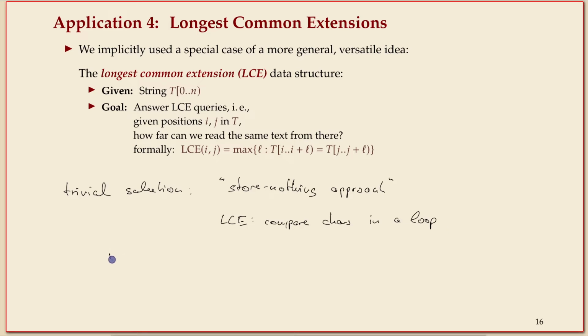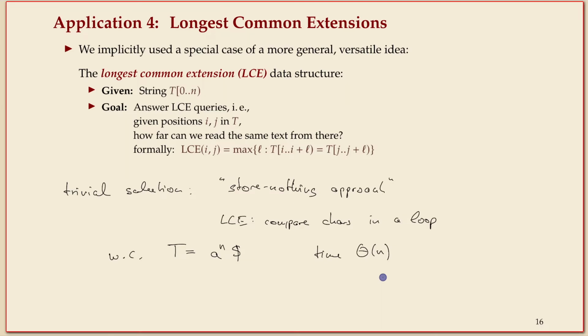Imagine, worst case, stupid one again. You could have a text that consists of all A's, so no matter where you start, you'll always run to the end. And so the worst case time of an LCE query is linear. And that's fairly slow.